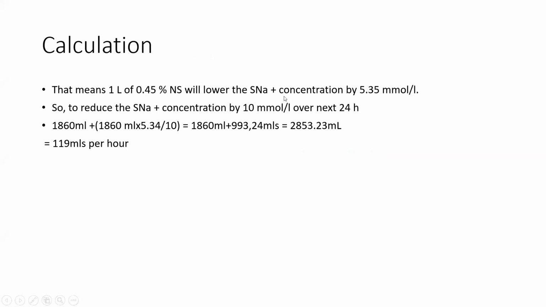So to reduce the sodium concentration by 10 millimoles per liter over the next 24 hours, you are supposed to give this amount: 1.86 liters times 5.35 divided by 10. So we will give 2 liters, 853.2 ml. So it's supposed to be given at 119 mils per hour.